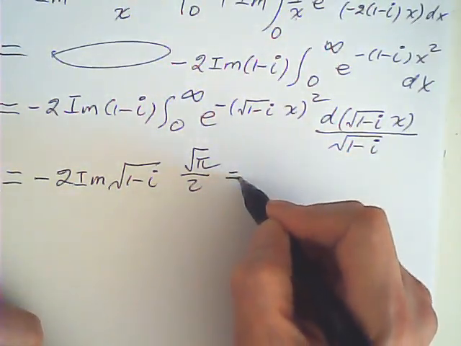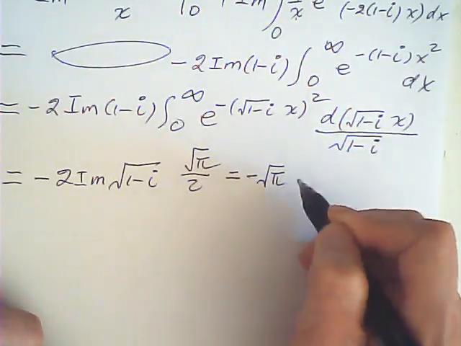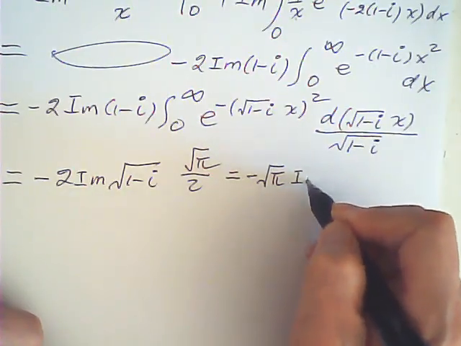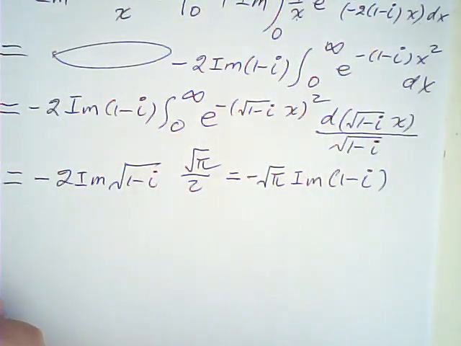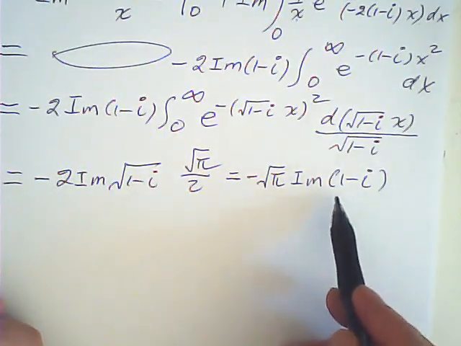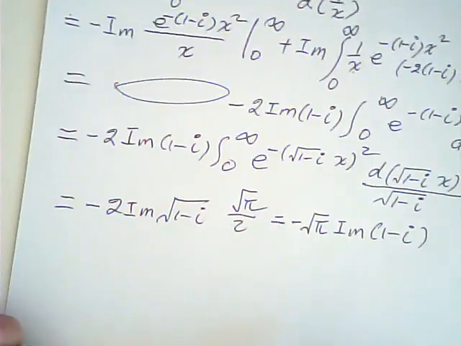Wow, this is equal to negative root pi times the imaginary part of 1 over square root of 1 minus i. Wow, it's much better. We just take the imaginary part of this complex number times this, and that is our result of the integral.